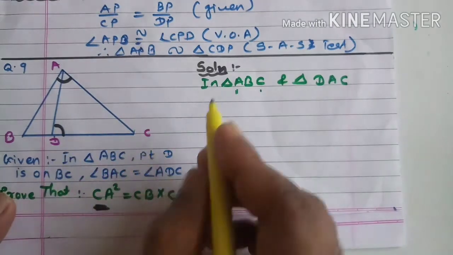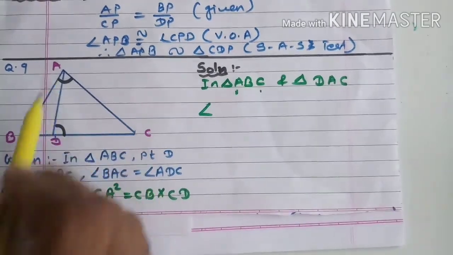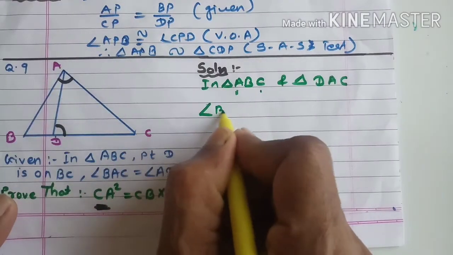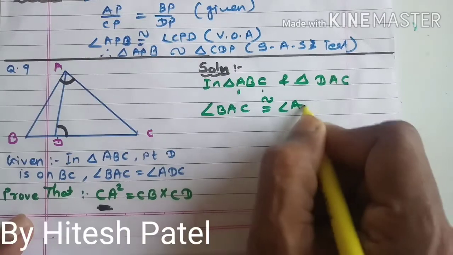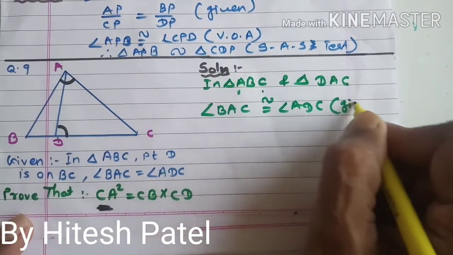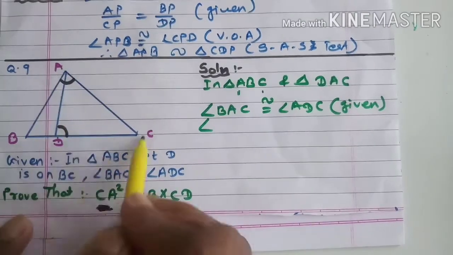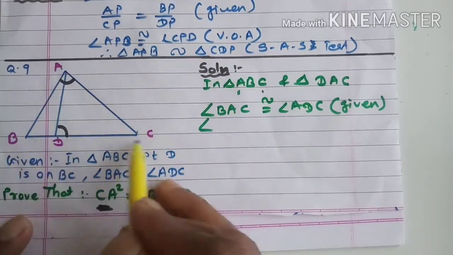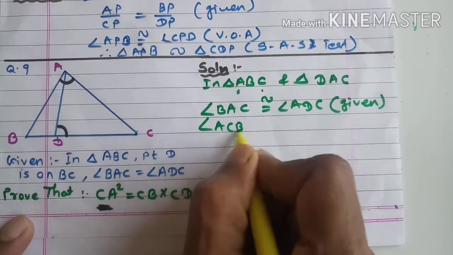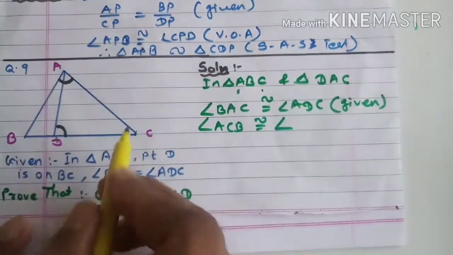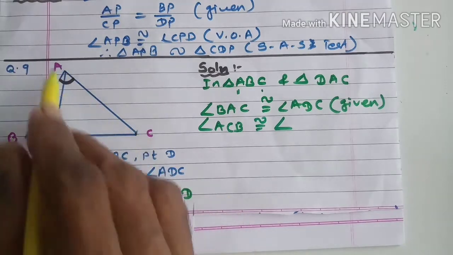Now angle BAC is congruent to angle ADC, that is given. Now in ABC, write down the name of angle C. In ABC, the name of angle C is ACB, which is congruent to the same angle in ADC, it's ACD.